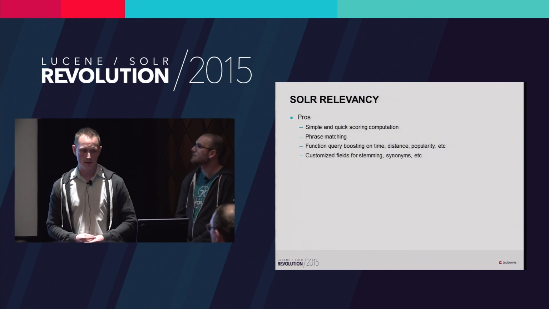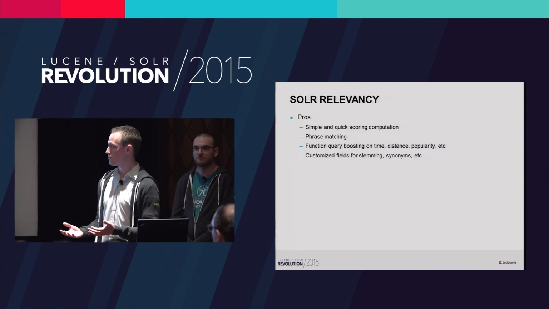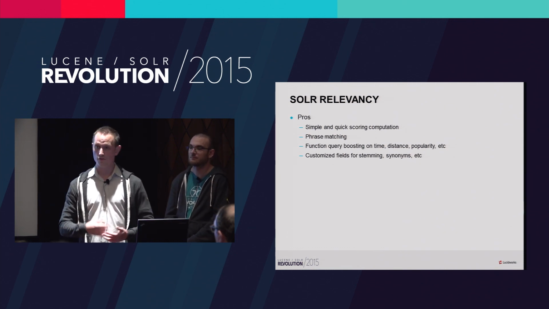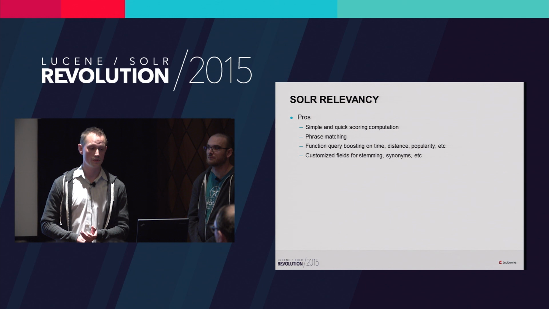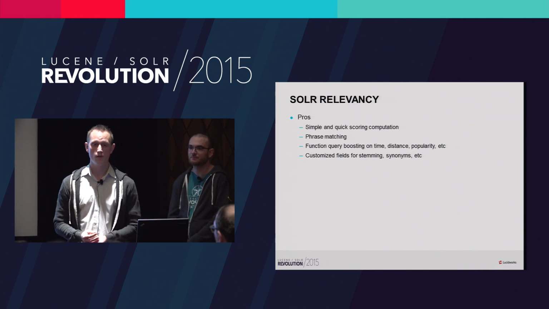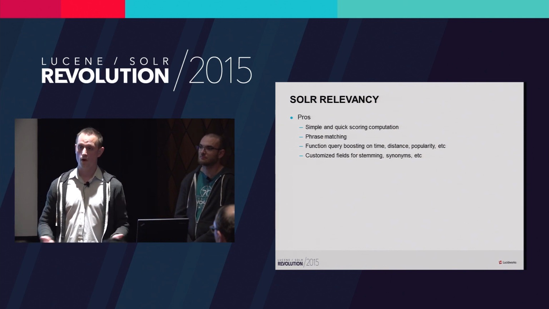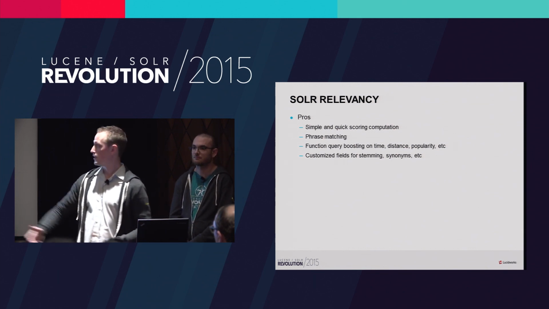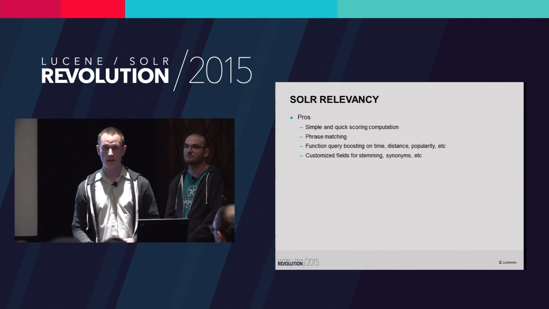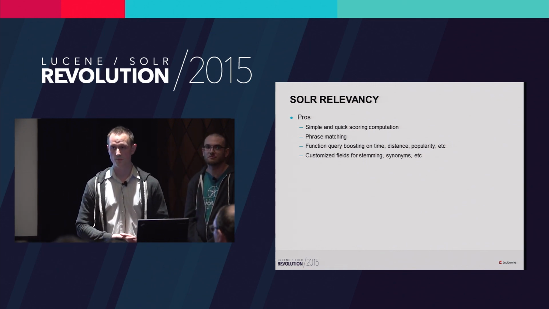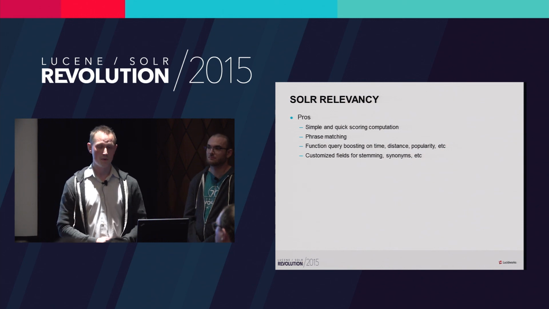So just to step back a little bit, from Solr's perspective, it provides a lot of good things for relevancy. It's very, very quick for scoring these documents, and the algorithm underneath is not too complicated. It's a bit simple, so it's certainly very easy to understand why your documents are being scored the way they are. It also provides a lot of other things like phrase matching, or you can use function queries to boost the documents based off the popularity, or maybe based off time.